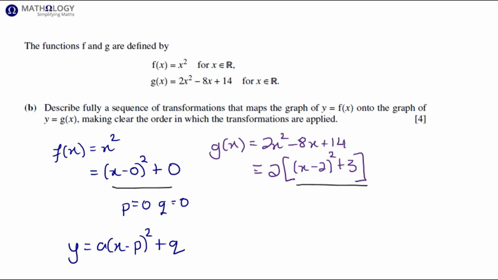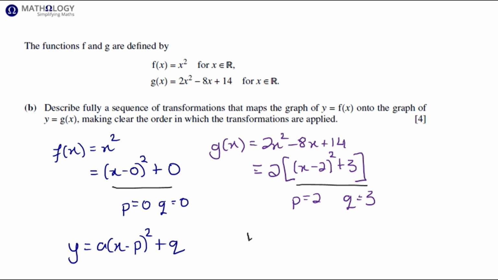For g of x, p equals 2 and q equals 3. So we can describe this shift because p has increased from 0 to 2. That means we've shifted 2 units to the right in going from f of x to g of x. And q has gone from 0 to 3, so there's been a vertical shift of 3 units up in going from f of x to g of x.